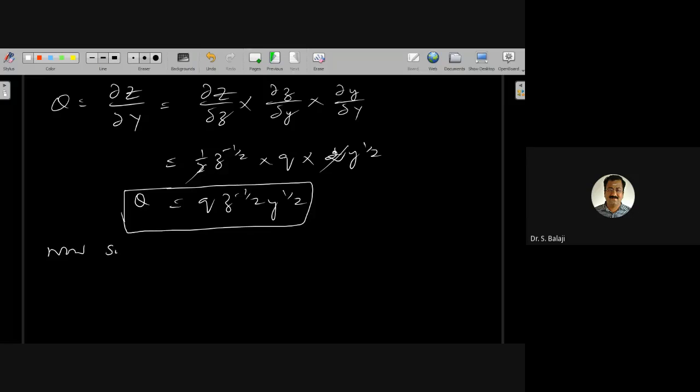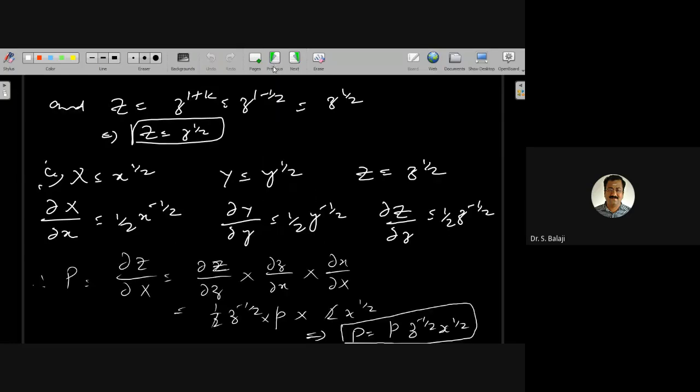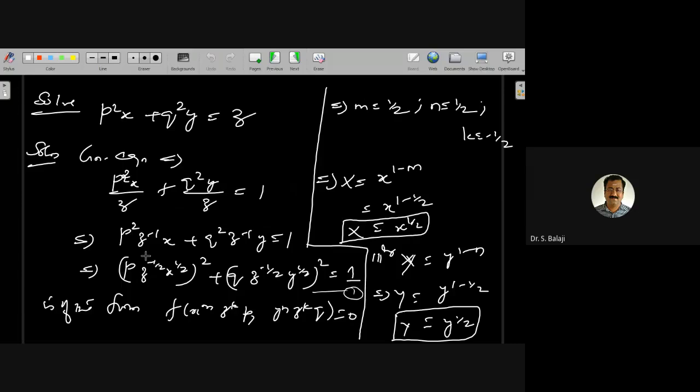Now substitute capital P and capital Q in equation number 1. This is the given equation. P z power minus half is capital P, and this is now capital Q. Therefore, we get capital P square plus capital Q square equal to 1.